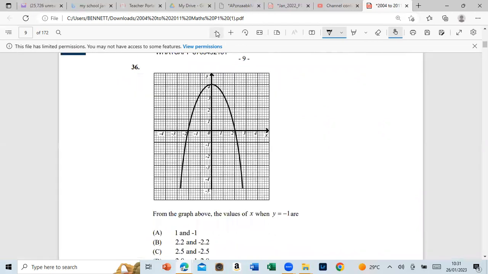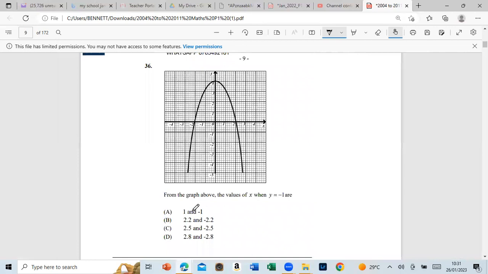Alright. So from the graph above, the values of x when y equals -1 are... from the graph, the values of x when y equals -1. Alright, so -1, which is right here.